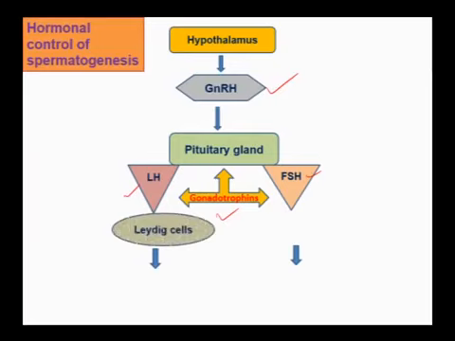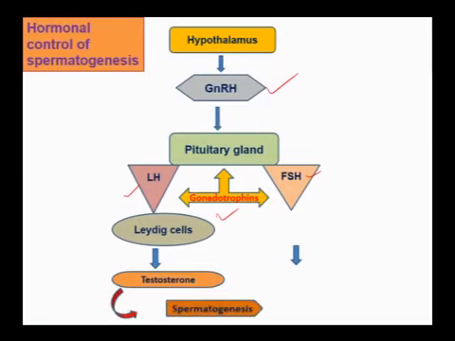LH acts on interstitial cells of the testis known as Leydig cells, inducing Leydig cells to secrete testosterone, and this testosterone is responsible for the process of spermatogenesis to occur.